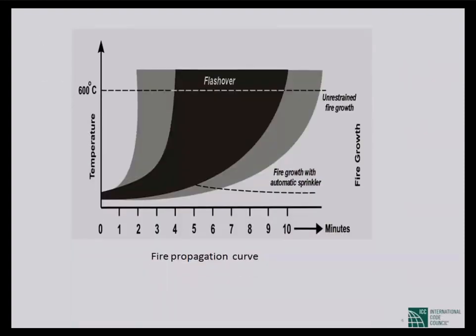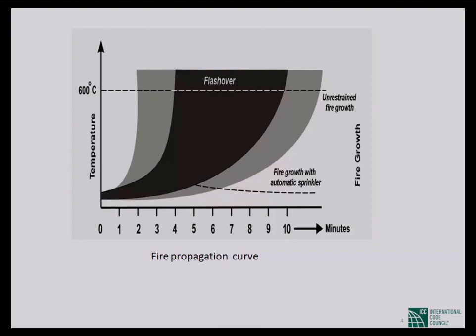To start with the code, I would like to share some fire issues, how a fire behaves in a building. Actually, it's a building code, so we will talk only about fire inside the building. Inside the building, where a fire initiates, you can see it will propagate very fast and the temperature rises very fast.